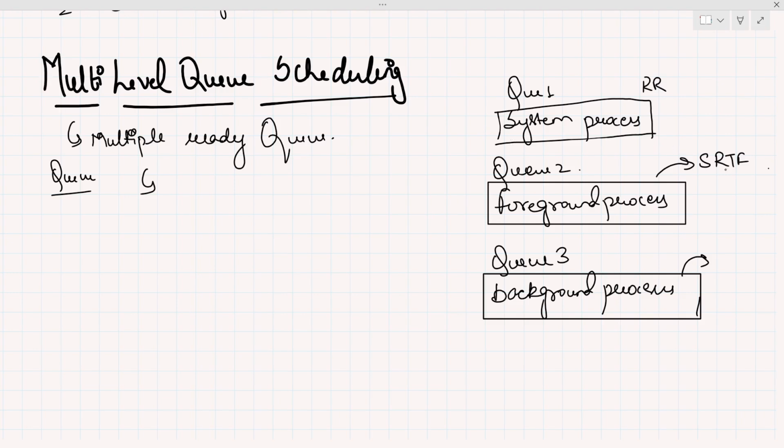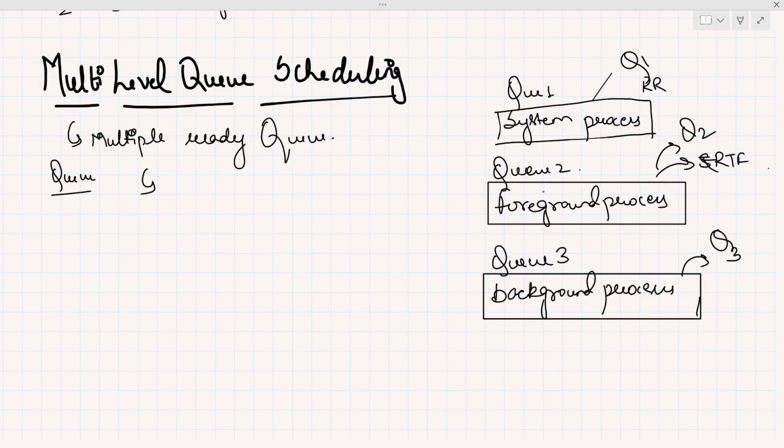Let's say Q1 is solved by the Q1 scheduling algorithm, Q2 by the Q2 scheduling algorithm, and Q3 by the Q3 scheduling algorithm. And let's say the Q2 scheduling algorithm gave us the best average turnaround time and best average waiting time. Even so, in multi-level queue scheduling, a process available in Q1 cannot move to Q2.